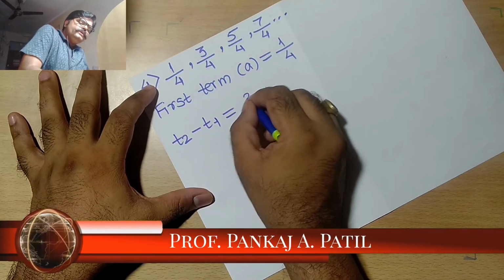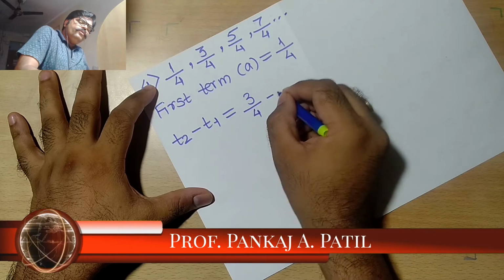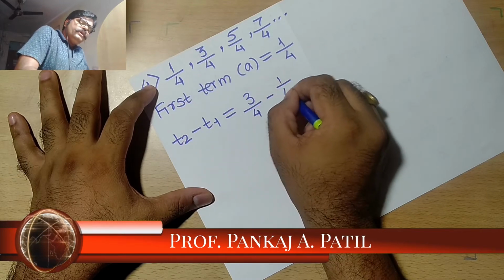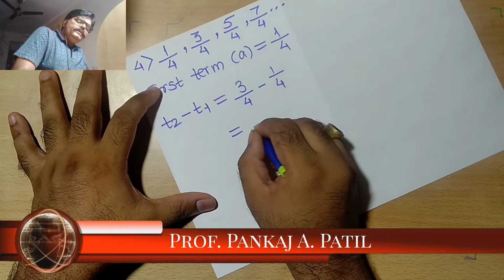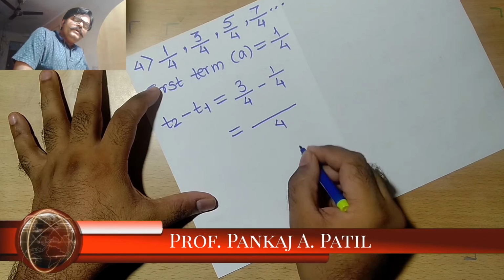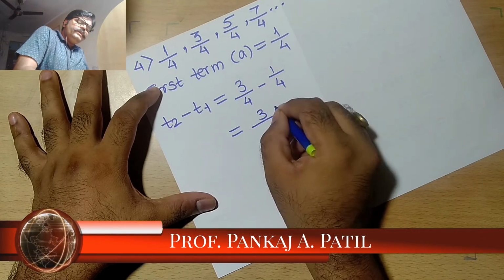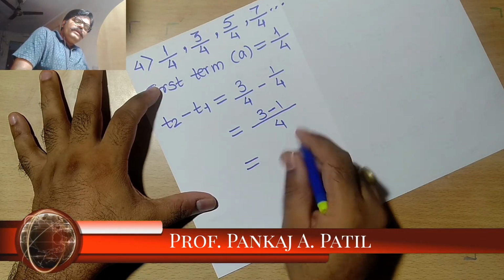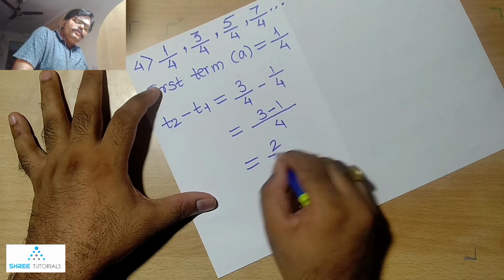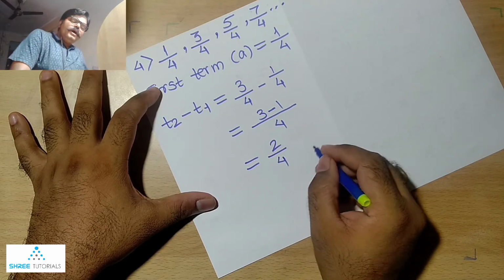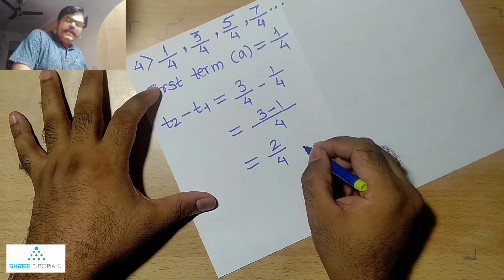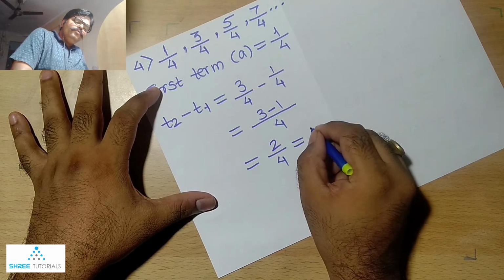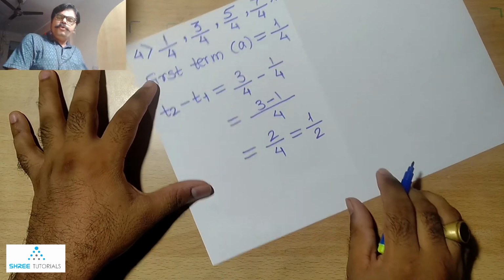T2's value is 3 divided by 4 minus T1, which is 1 upon 4. The denominator can be taken out common since it is equal. Therefore 3 minus 1 is equal to 2 divided by 4. After dividing both numerator and denominator by 2, we simply get 1 upon 2.